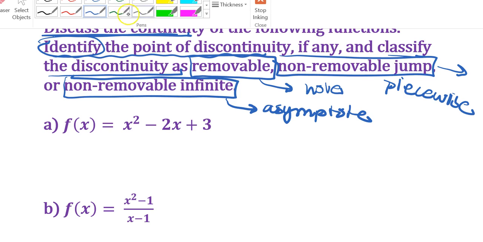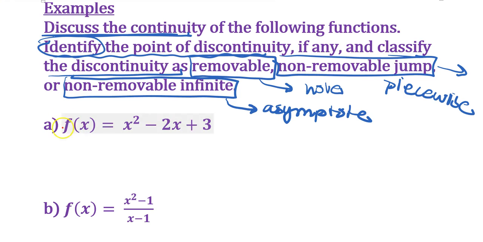So the first one is the function f of x equals x squared minus 2x plus 3. We have 2 theorems that we can work with, and we have a formal definition. So if our function fits the criteria of one of those 2 theorems, we can get away with identifying the interval of continuity just by that. So f of x equals x squared minus 2x plus 3 is considered to be a polynomial function.